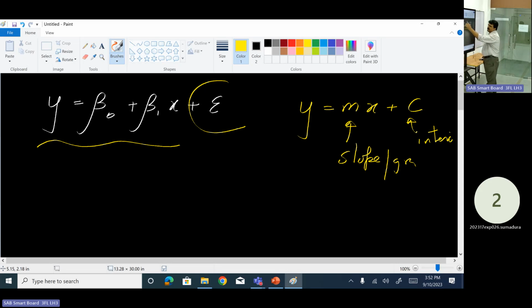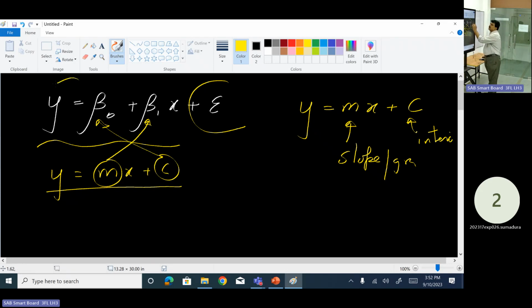When you compare this and that, do you feel any difference? They are the same, but we are using different notations. Instead of m, we are using beta 1. Instead of c, we are using beta naught. So this is also a straight line.